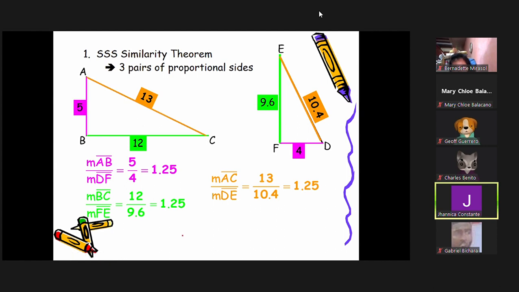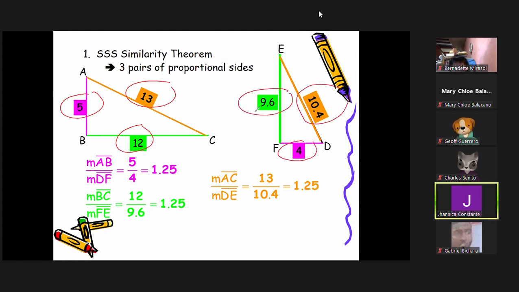So as you can see here, kahit magkakaiba ng measurement, hindi same sa triangle that is given, but they are still congruent. Why? Because the proportion of the corresponding parts of the sides of the triangle are the same, which is 1.25.